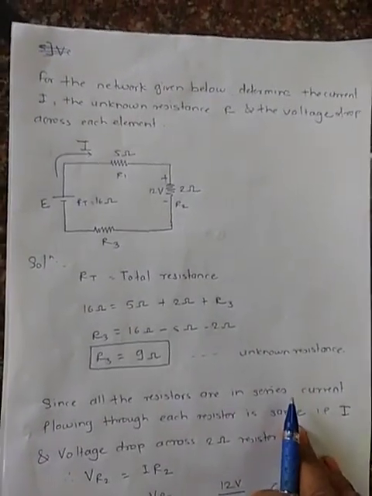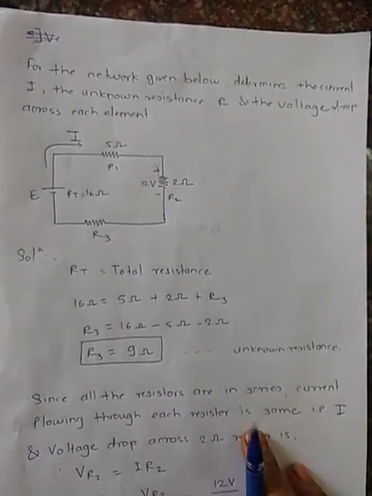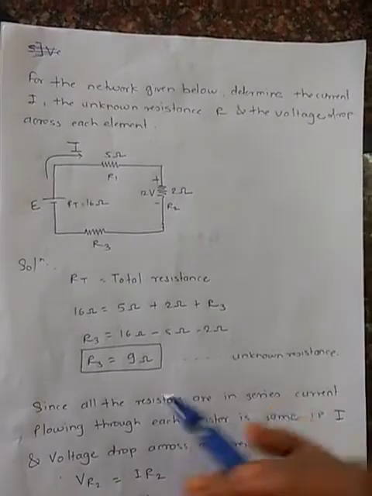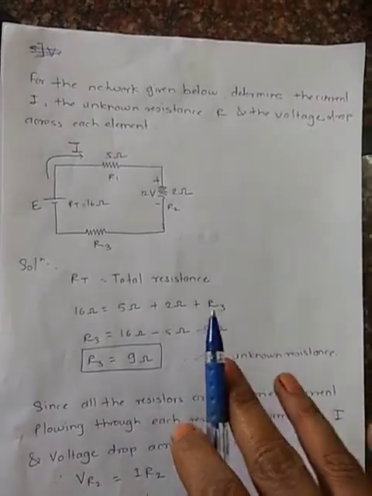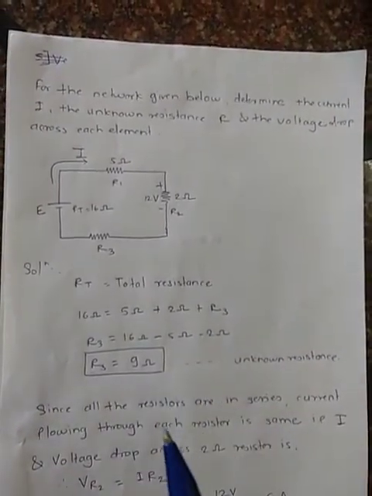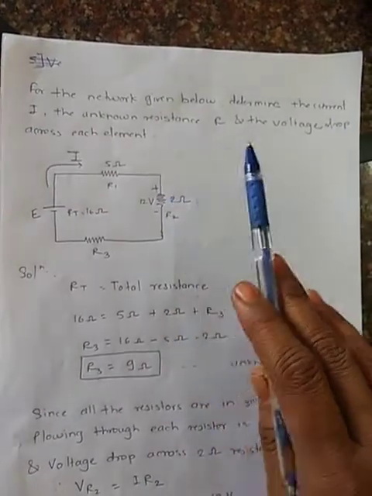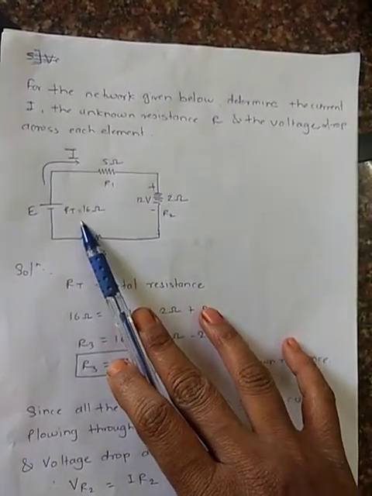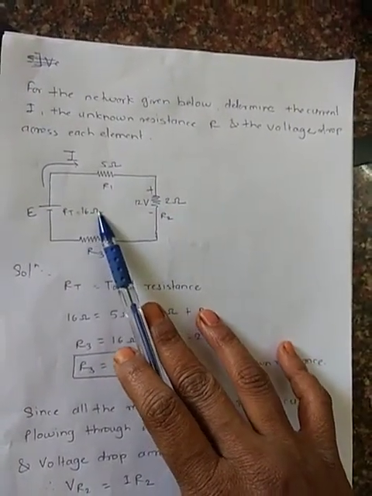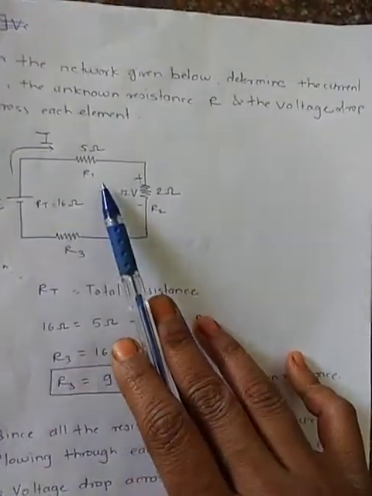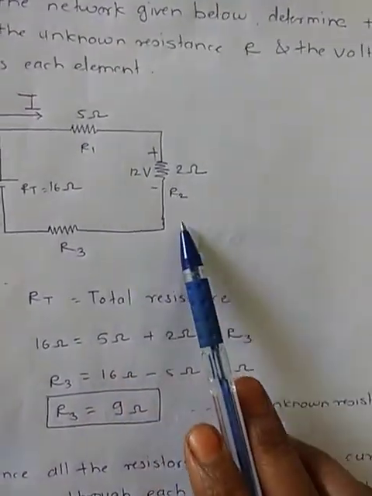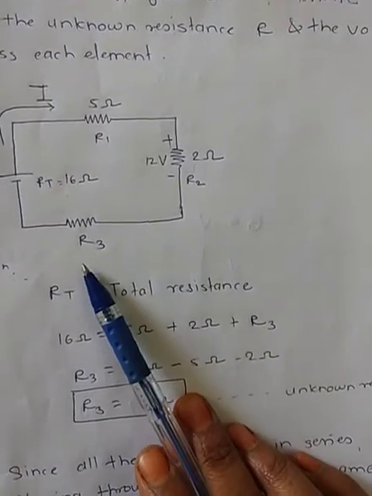First we have to find out the total resistance. The value of total resistance RT is given here. We will see first the given quantities. RT is given, R1 is given, R2 is given, and we have to find out R3.